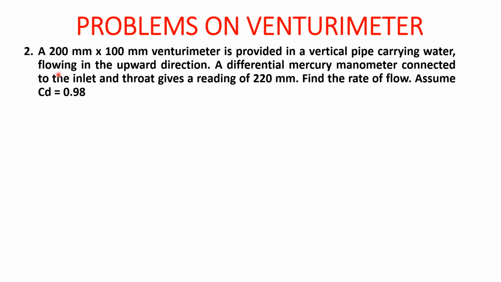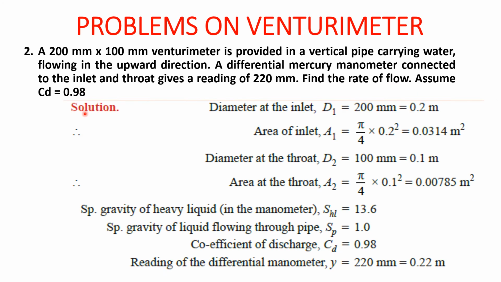So the differential mercury manometer is connected to the inlet and throat, and it gives a reading of 220 mm. So this reading of 220 mm is nothing but the difference in the levels of the manometer. So therefore this difference is 220 mm. Find the rate of flow. Assume CD equal to 0.98.